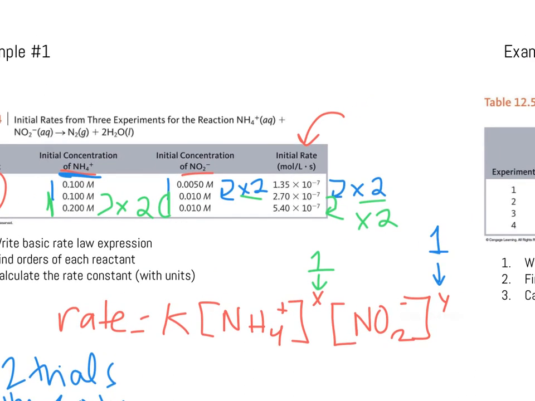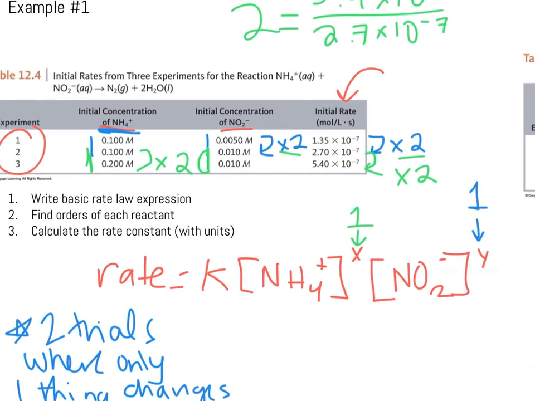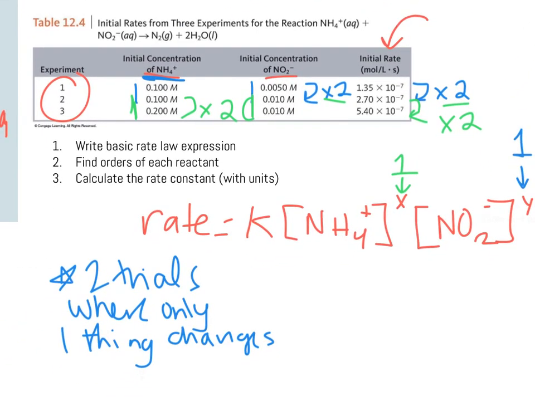So if I wasn't sure, I could do 5.4 times 10 to the negative 7 over 2.7 times 10 to the negative 7, do that in my calculator, and I could get that 2 value, and it would be the same. So you can always divide them out to get the number, but most of the time they're going to pick stuff that's pretty easy to see, especially in the concentrations. Keeping in mind, this section that's right here, they chose what initial concentrations to use, so it would make sense to choose ones that are easy to see and easy to follow.